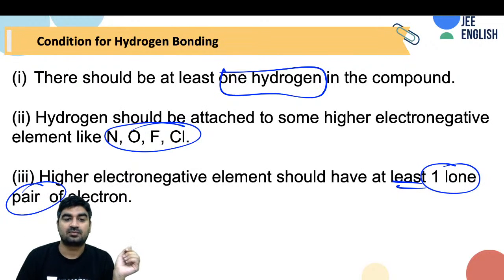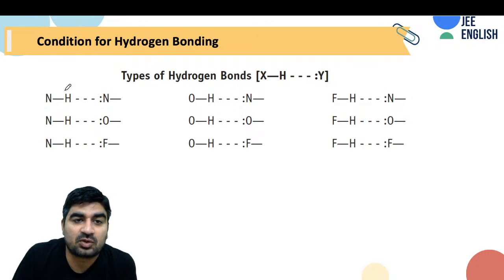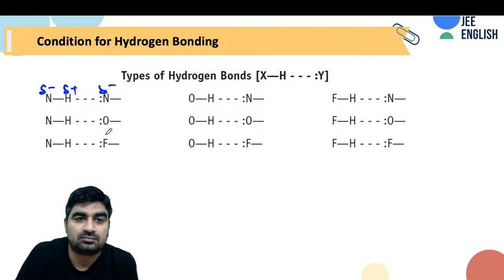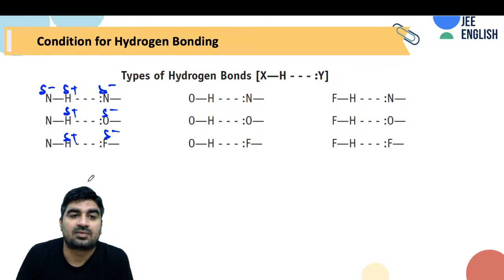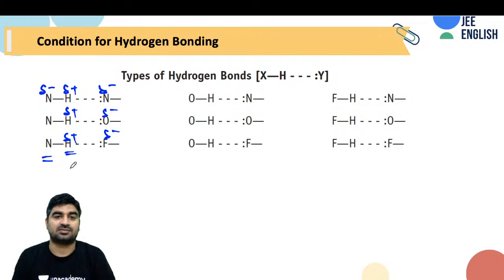Any doubt? So now you know the hydrogen bonding. So here I'm showing you delta negative. So this is the hydrogen bond. Delta positive, right? So this hydrogen is connected to nitrogen.